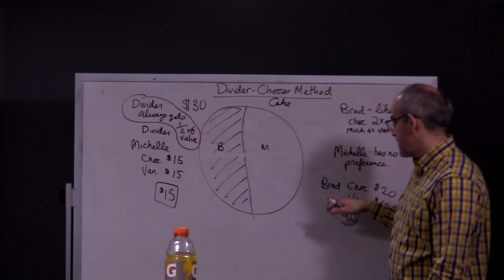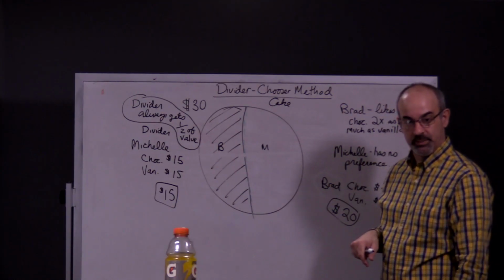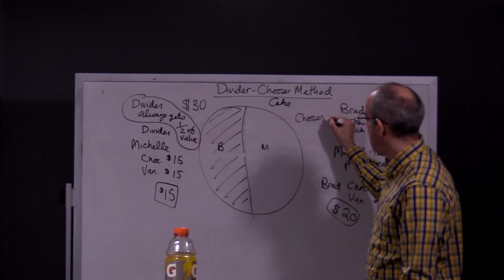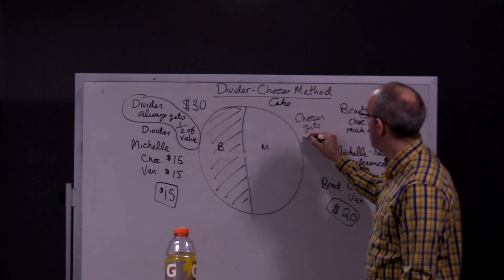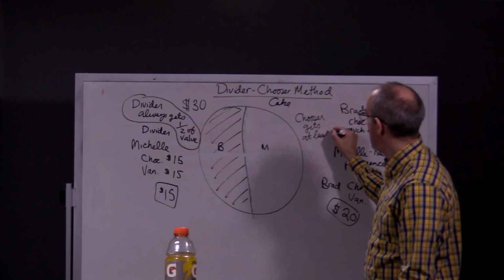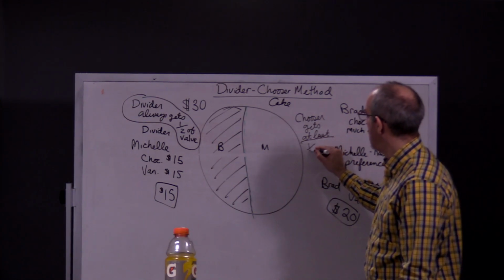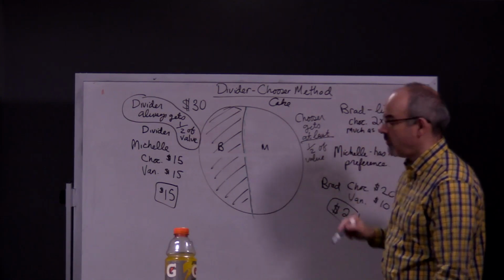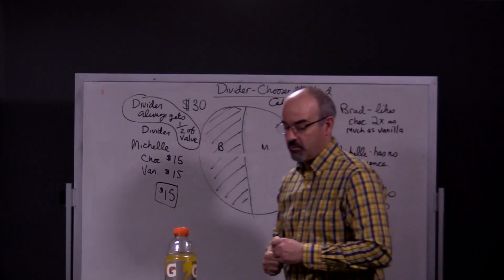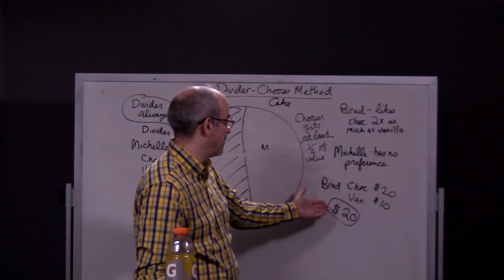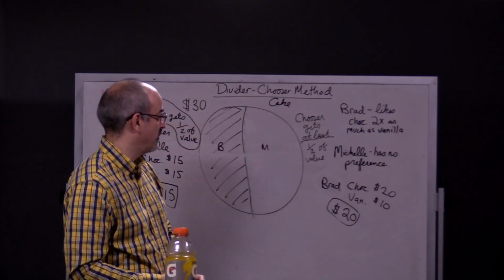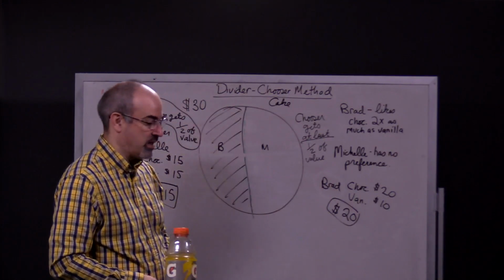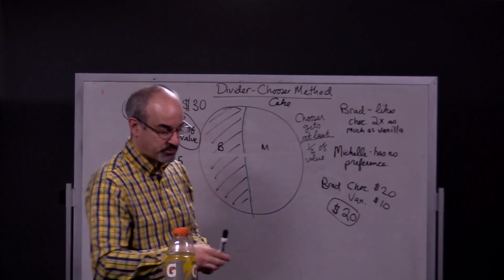So the chooser always gets at least 1/2 of the value. So they might get more than 1/2. In this example, the chooser did get more than 1/2 of the value. The cake's worth $30. The chooser got $20 value.